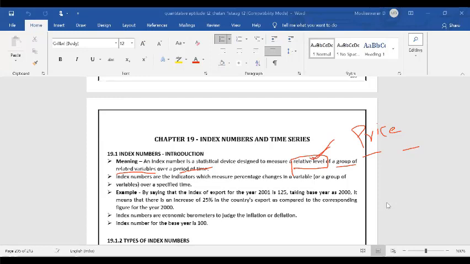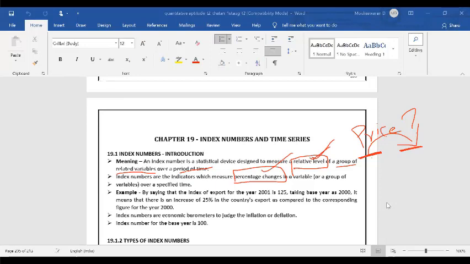Index number means, from the base period, how much it increased or decreased. We are going to find that out. Index numbers are measured in percentage change: how much percentage it increased, how much percentage it decreased. We are measuring it using percentage change.